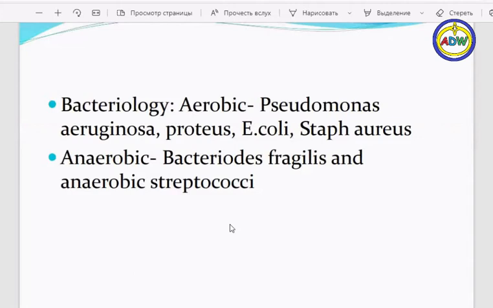The inflammatory process involves the mucosal layer and sometimes the mucoperiosteum. But in chronic cases, especially in cholesteatoma, there will also be destruction of the bone.